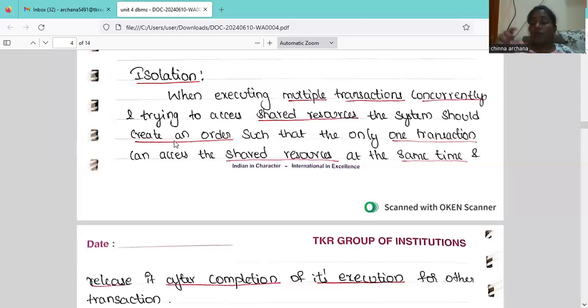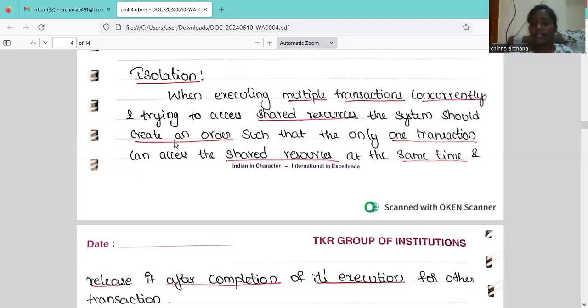Now when multiple transactions are executing at the same time, we will have a problem for the resources. See here, every transaction needs some resources. For example, in the earlier example, we have taken two accounts' data. We are reading the value of X account and we are reading the value of Y's account also.